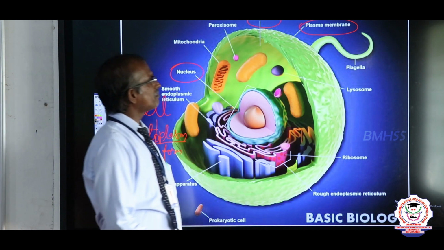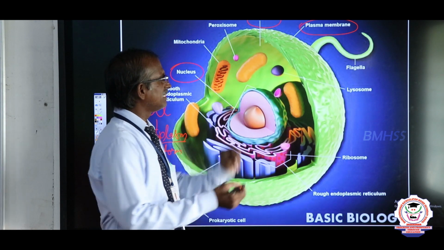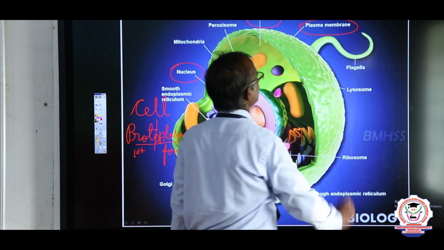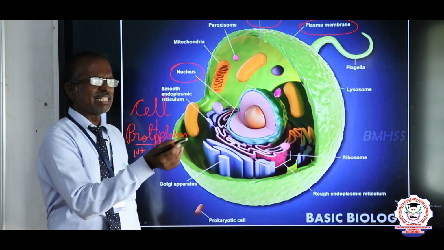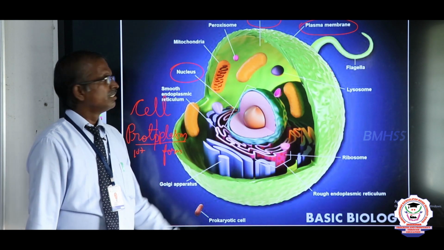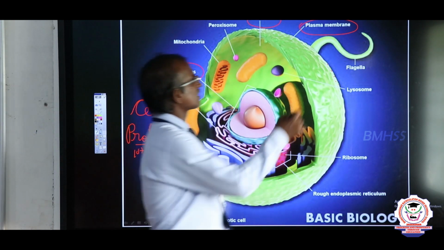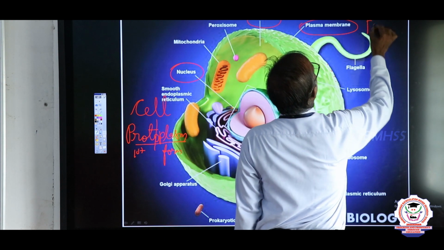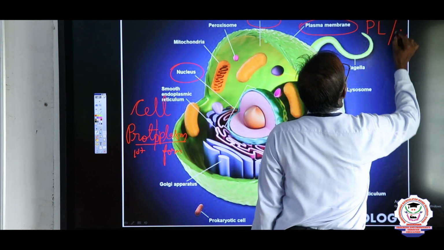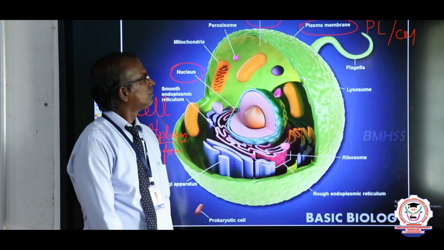The plasma membrane has very minute, tiny holes through which exchange of ions and materials takes place. It is also known as plasmalemma, or the cell membrane, CM.